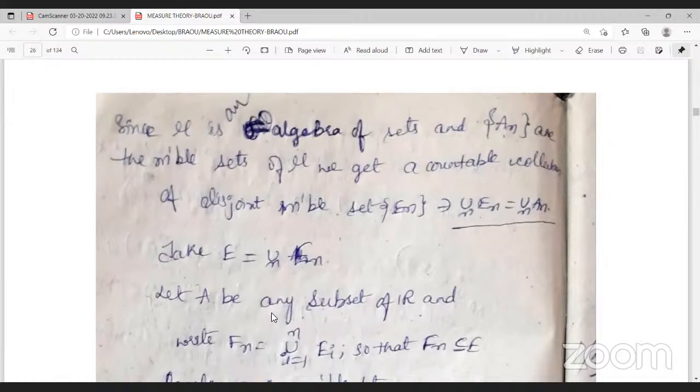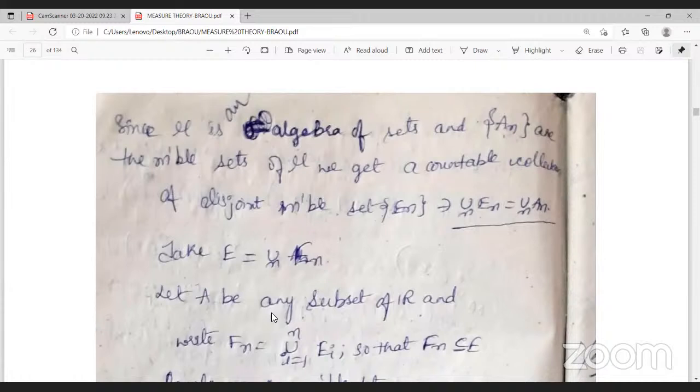And in particular, consider A equal to the union of i equal to 1 to n of Ei. Write down the second equation: M star of A equals M star of A intersection En plus M star of A intersection En bar.